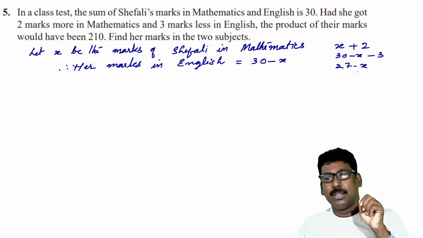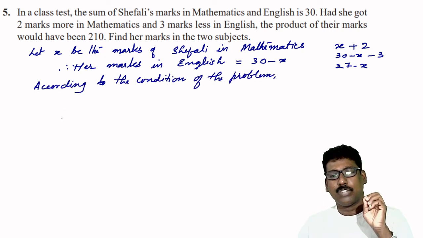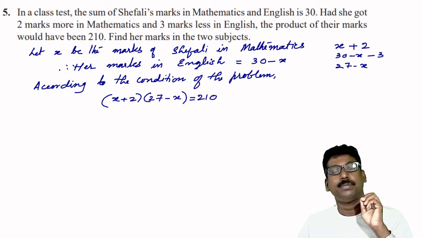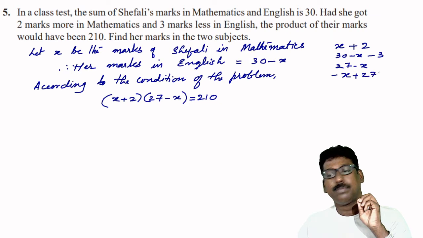Now look at the condition. The product would have been 210. So we can write, according to the condition of the problem, x plus 2 into 27 minus x is equal to 210. Now here 27 minus x you can write as minus x plus 27.